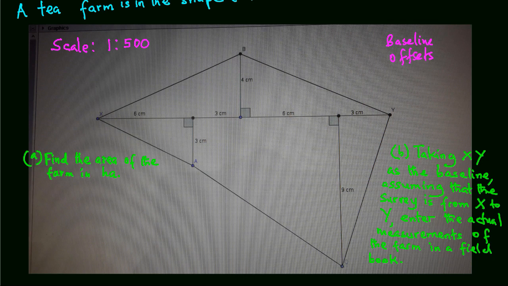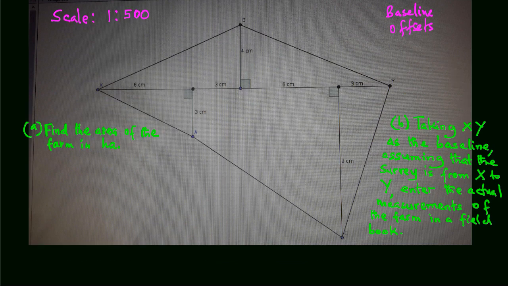So there is the first offset through A, the second offset through B, and the third offset through C. So the distance from X to the first offset is 6 centimeters.